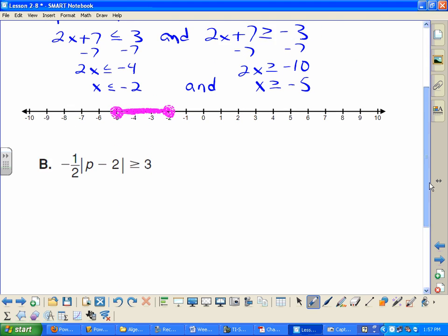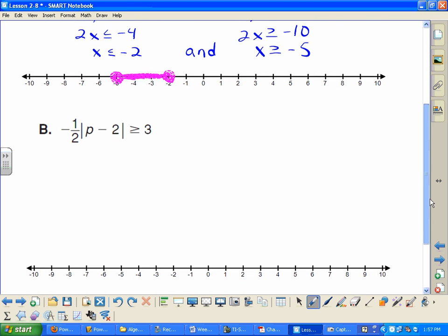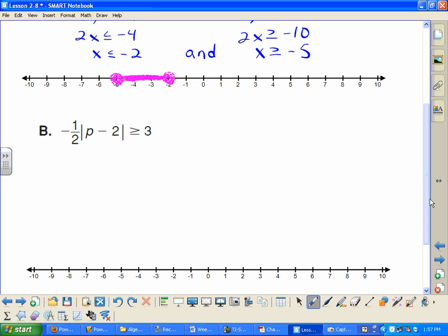All right, so let's look at one more. This one says negative 1/2 times the absolute value of p minus 2 is greater than or equal to 3. Now, the first step we're going to do is what?